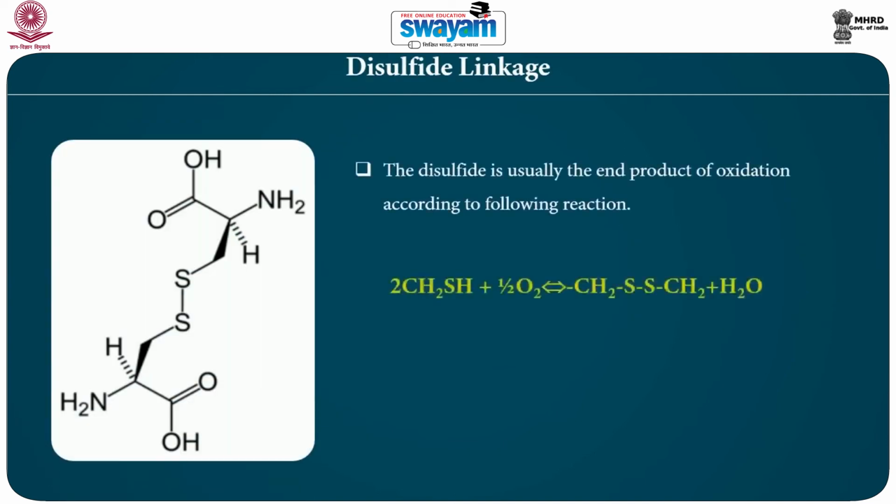Disulfide linkage. Disulfide is usually the end product of oxidation according to the following reaction. 2 CH2SH plus half O2 equals CH2S-SCH2 plus H2O.